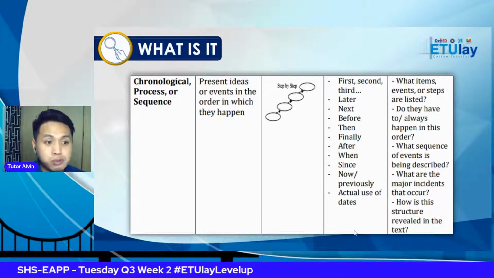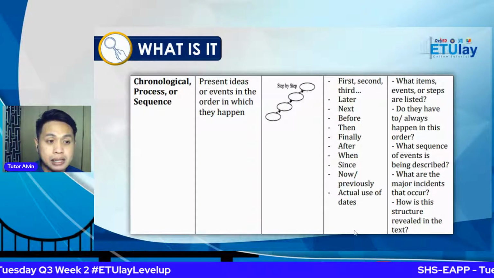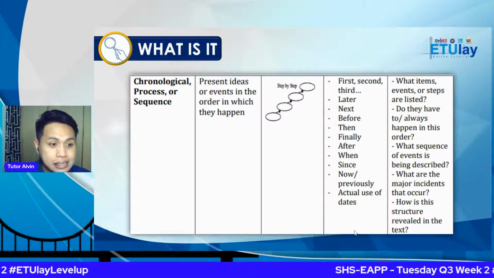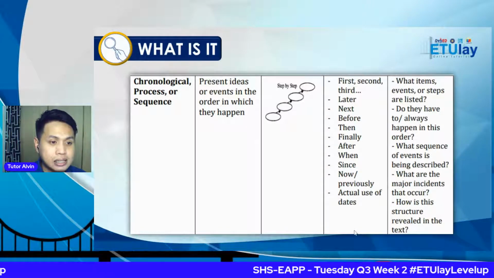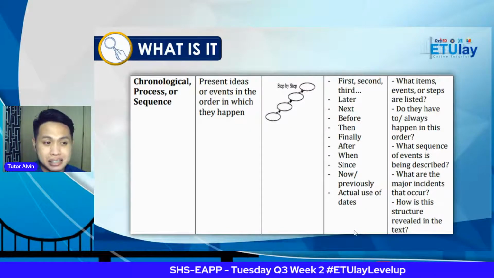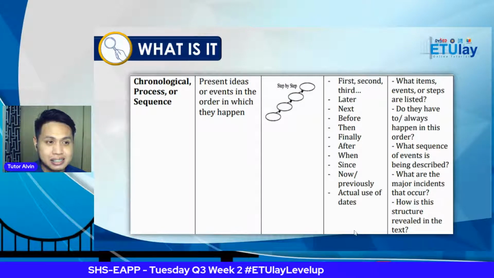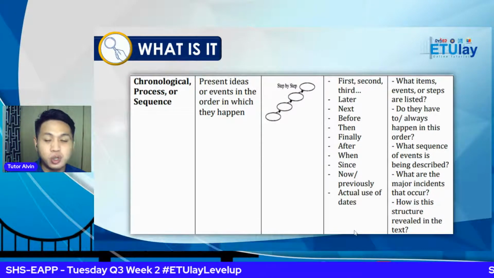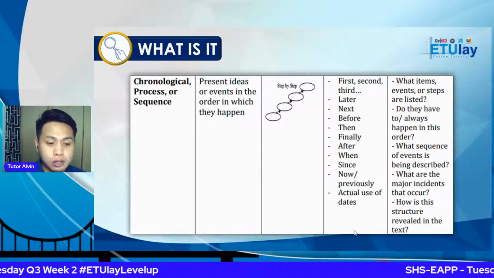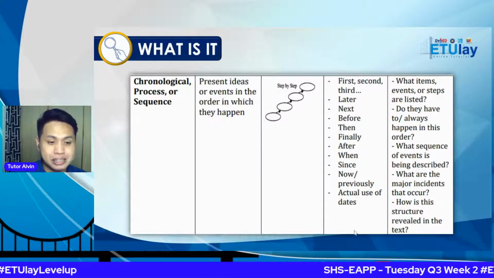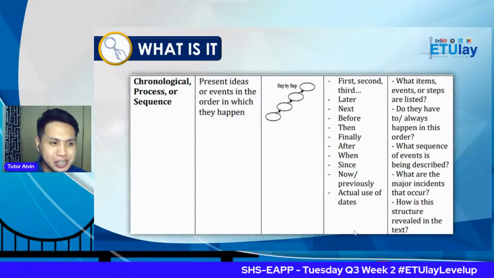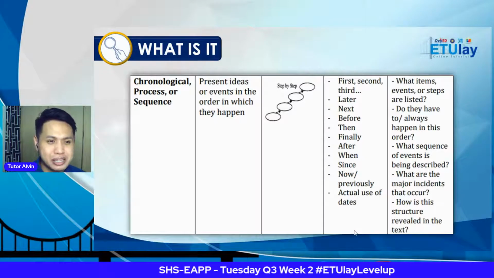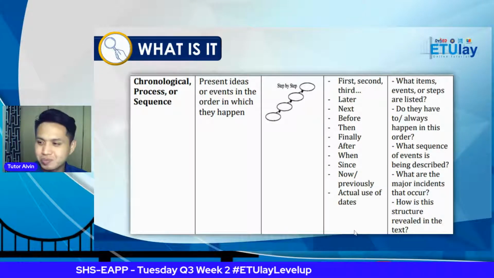Do they have to, or always, happen in this order? The sequence, and the structure revealed in the text. So that is chronological, procedural, or sequential order. Is it clear, AF phenomenal students? And shall we move on now to the next text structure?